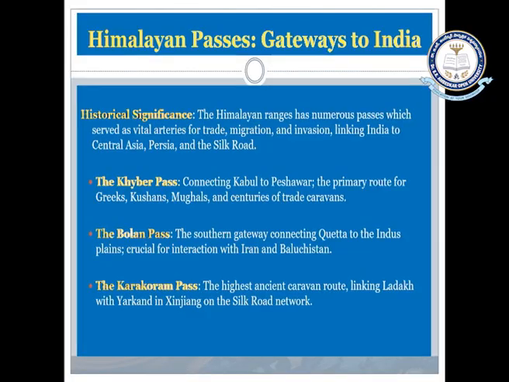Bolan Pass connected Quetta with India and it connected India with Iran and Baluchistan. Third, the Karakoram Pass. The Karakoram Pass is the ancient caravan route. It connected the Silk Road with India. Thus, the Himalayan rivers and Himalayan passes played a significant role in Indian history through the ages.